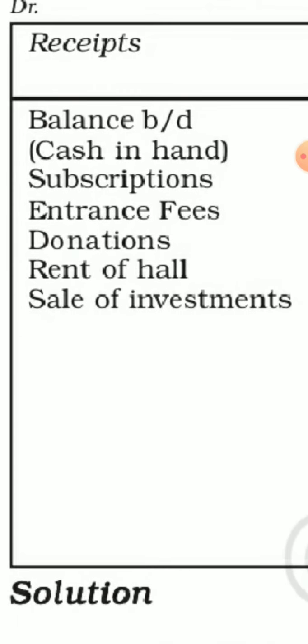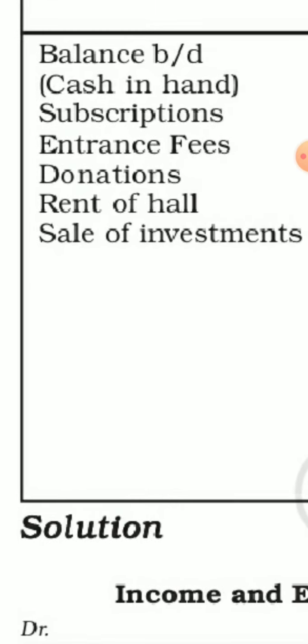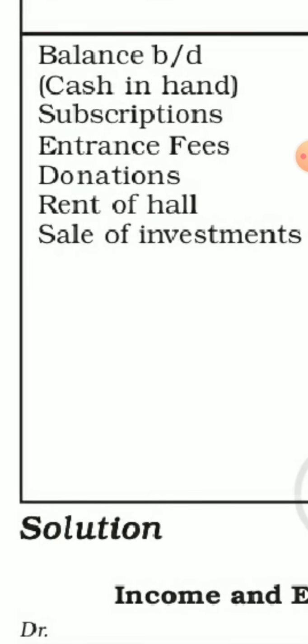Next, we take only revenue receipts and revenue expenditure or payments. Next, only take current year expense or receipts.